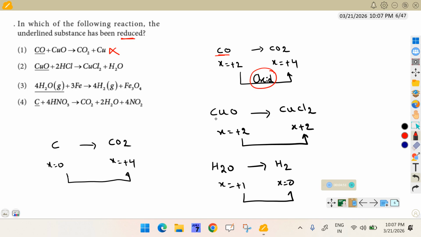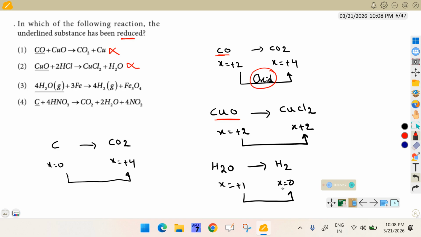Second option, underlined substance is CuO. CuO is converted to CuCl2. In CuO, copper oxidation state is +2. In CuCl2, copper oxidation state is +2. Neither oxidized nor reduced.